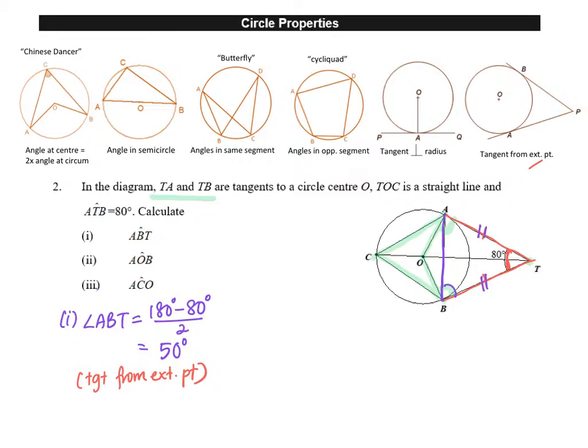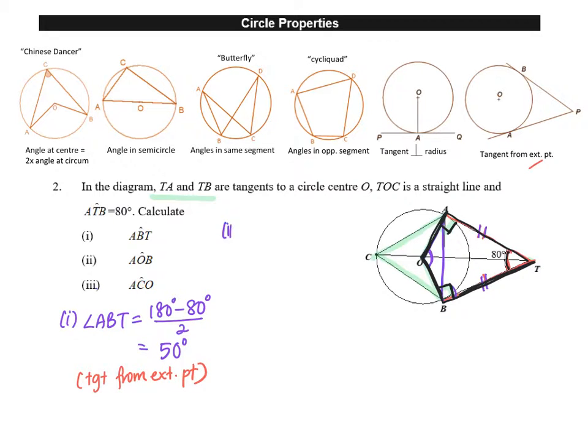Number 2, find angle AOB. What can I find? I noticed that a spin-off from my tangent property, OABT, this is a quadrilateral. I have a 90 degree down here, a 90 degree down here, and 80 degrees. Now angles in a quadrilateral add up to 360 degrees.